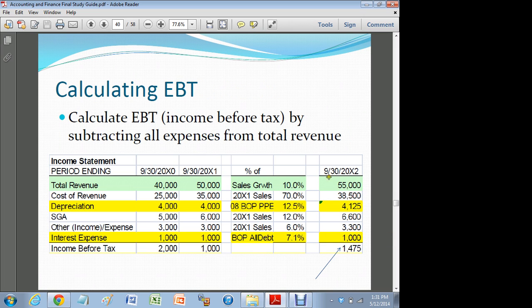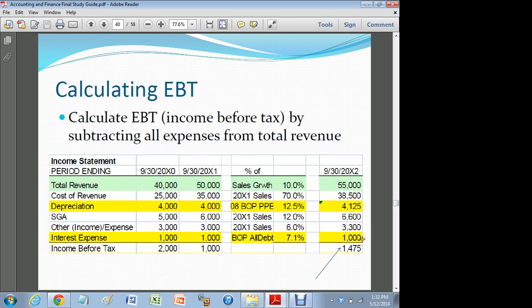So now we're onto this new period. We have this number. We have the cost of revenue from the first run. Same with these two numbers here in the white cells. The numbers here in the two yellow cells we calculated using their own rules for the depreciation and the interest expense.